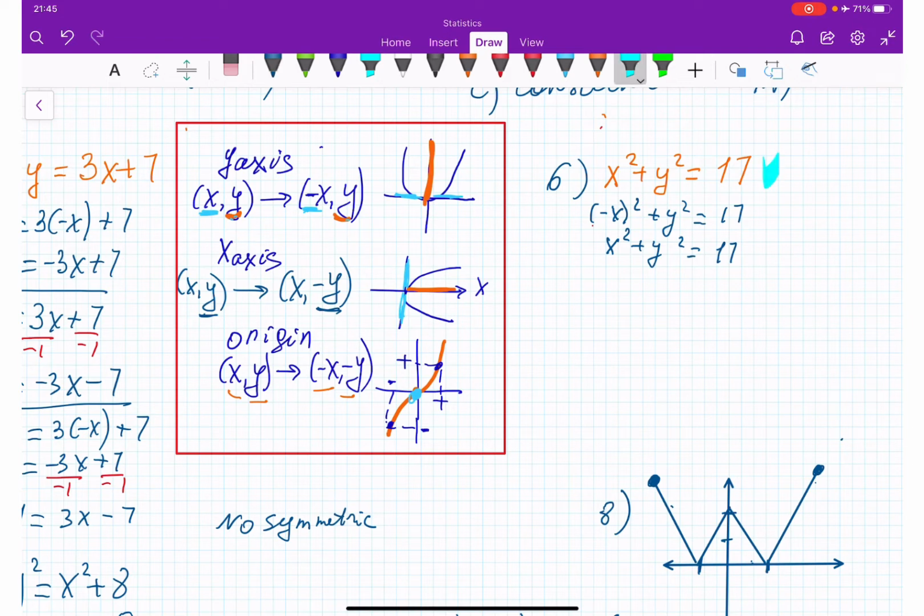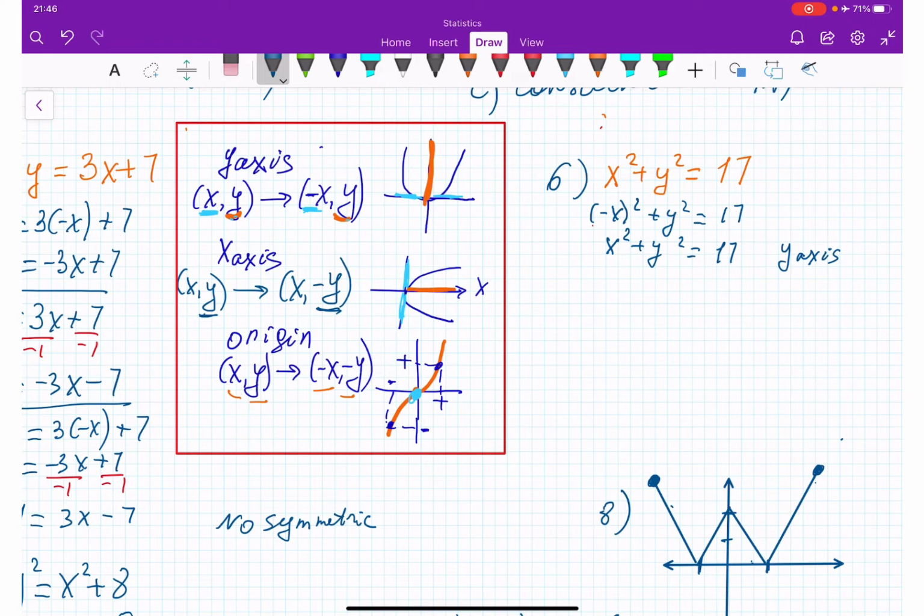We got the same equation, which means the graph of this equation is symmetric to the y-axis. Now, if it's symmetric to the y-axis, it doesn't mean that it cannot be symmetric to the x-axis or origin. So we keep checking further.